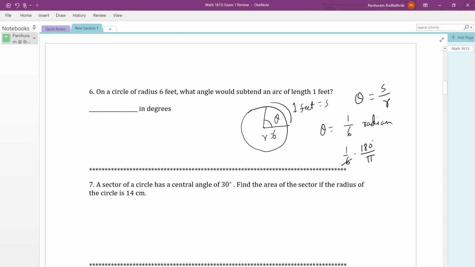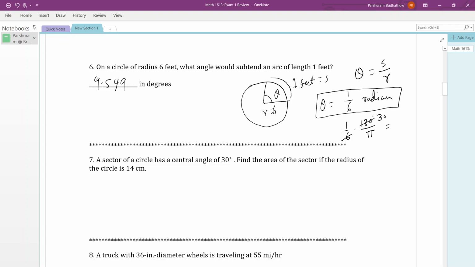So basically that's 30 divided by pi, which gives 9.549 in degrees, to 3 decimals. You convert the radian angle into degrees by multiplying by 180 over pi. Use the calculator, just divide 30 by pi, and that will be your answer.